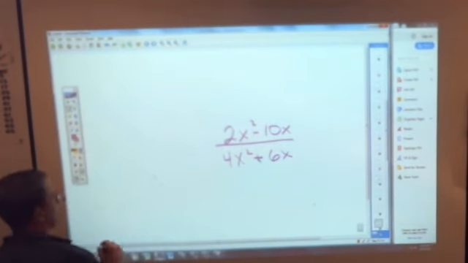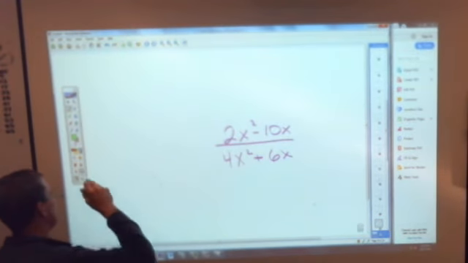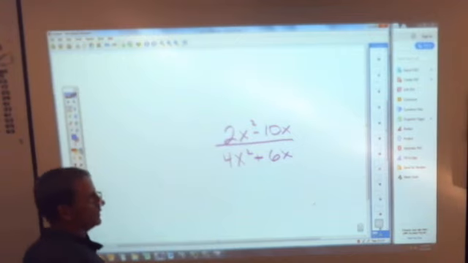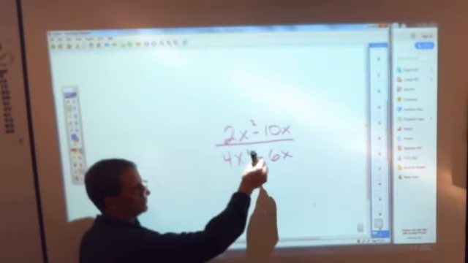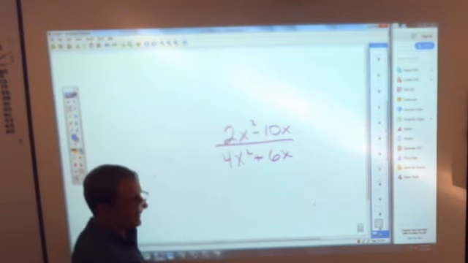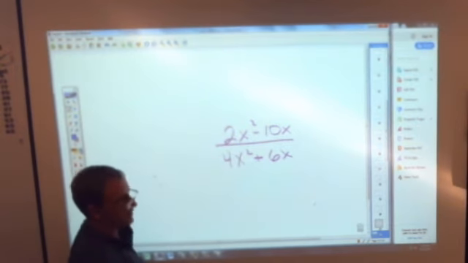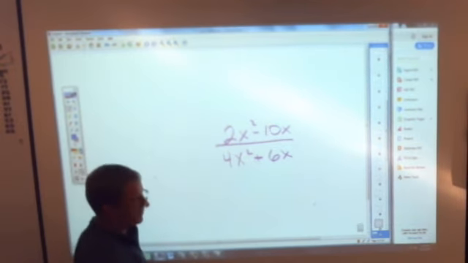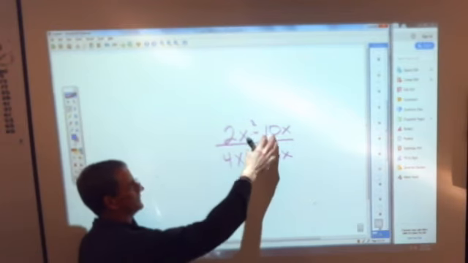And again, I will tell you, because none of these are factors, you can't cross off these x squared, you can't cross off these x's, you can't take 2 into 6 and 10, you can't cross off any of that until you get some parentheses and something times something. So you look at this and you say, what can I take out of both of these?